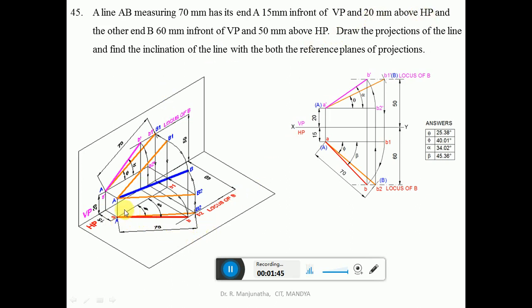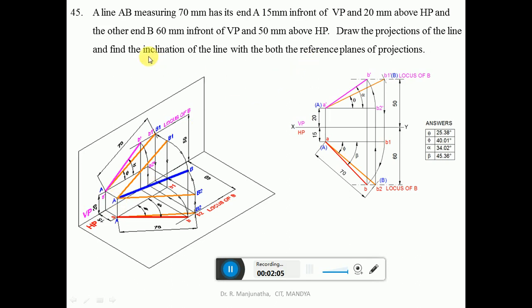When you look from the front view, we can see the distance above HP. When it is projected, that point falls on VP. So you get point A dash here. This is 20 mm above HP. When these two are projected, you get the point in space, capital A.